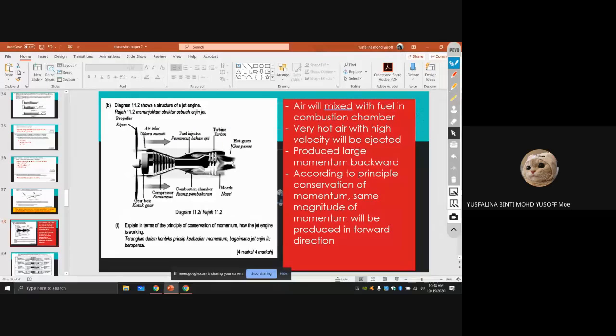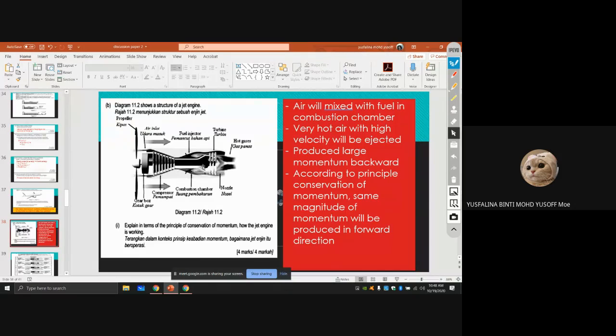Then according to the principle of conservation of momentum, the same magnitude of momentum will be produced but in the opposite direction. So it will go forward like this. So the air will mix with the fuel here in the combustion chamber and produce a high velocity of hot air.